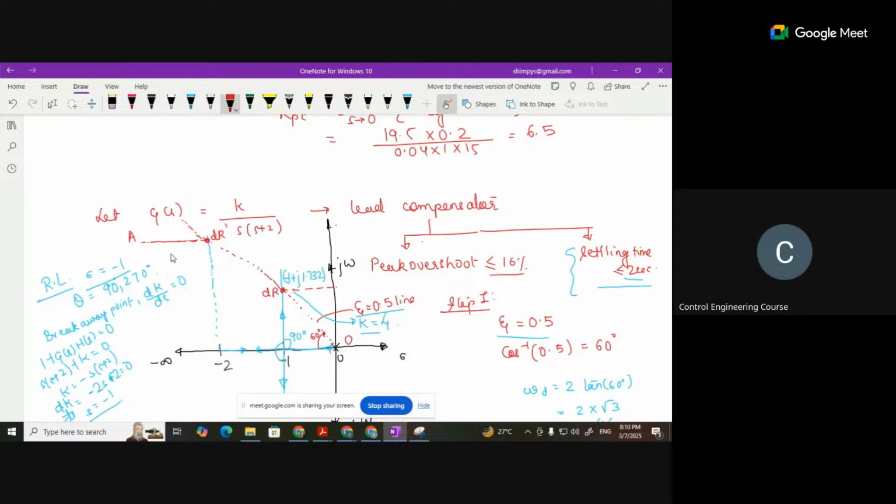I will join this line and then bisect the angle formed by dr and a, and dr and o.